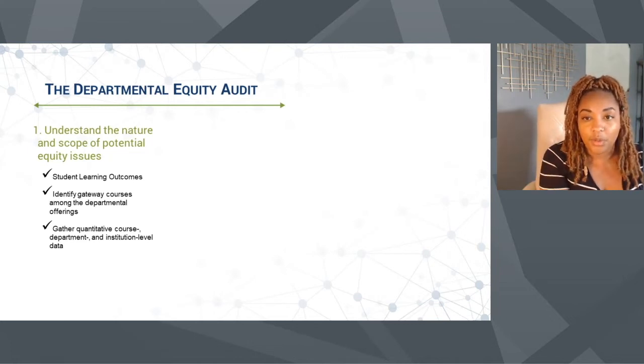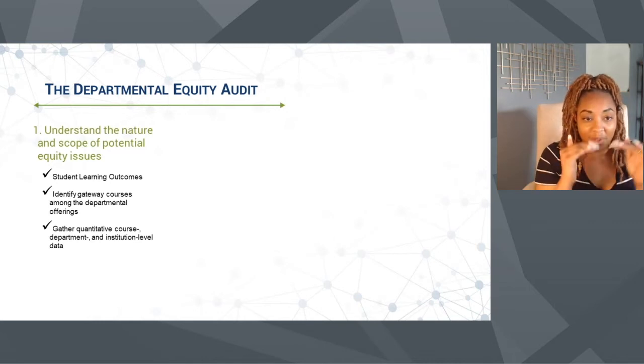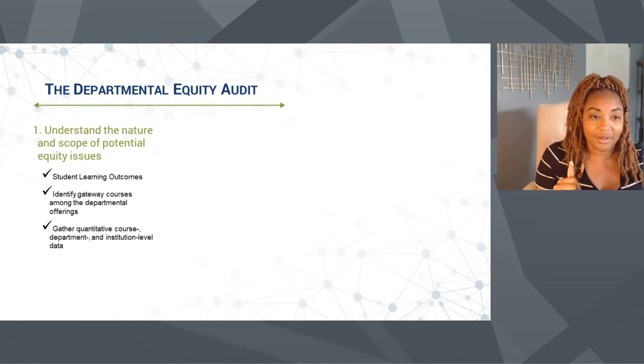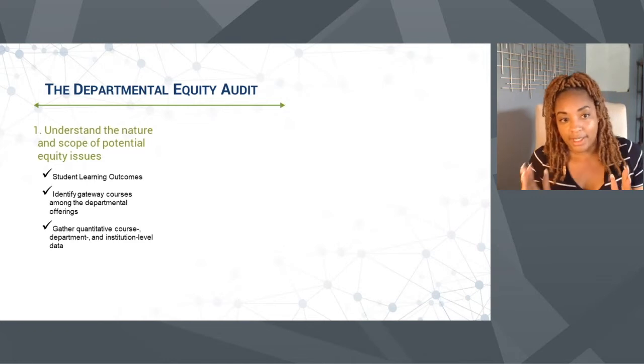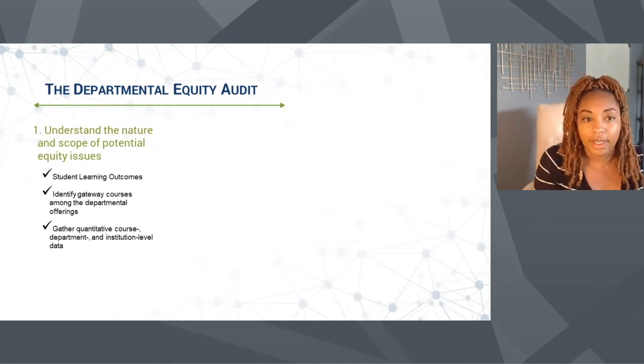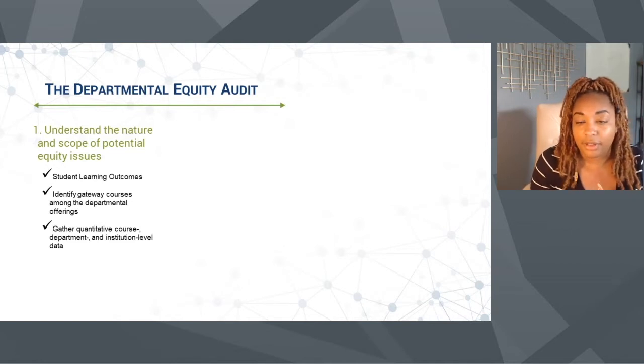And so while we recommend that you start with assessing learning outcomes, we're also saying don't just stop by saying all the Black students are underperforming compared to white students, right? We've got to go a little bit deeper. We've got to think about how we can frame the problems differently.